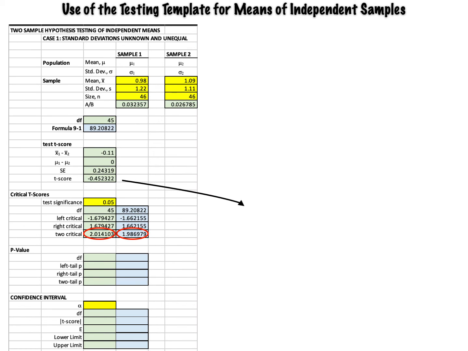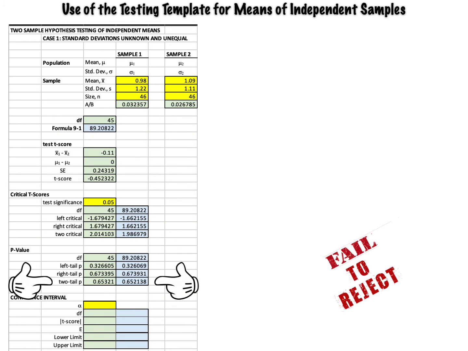Since our test statistic is less than either critical score, we fail to reject the null. Looking at the two-tail p-value, you see that under both degrees of freedom, we do not test less than our significance level of 5%. Again, we fail to reject the null.